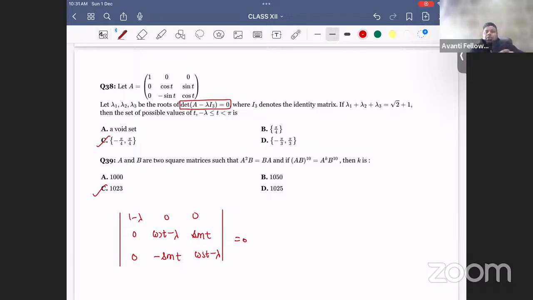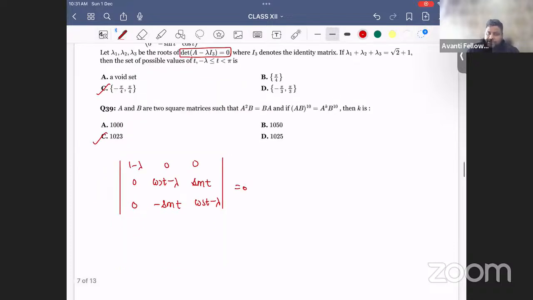From this step, you are going to get a cubic in lambda. I have already calculated that cubic. That cubic is lambda cube minus lambda square into (1 plus 2 cos t) plus lambda times (cos square t plus 2 cos t minus 1) equals 0.